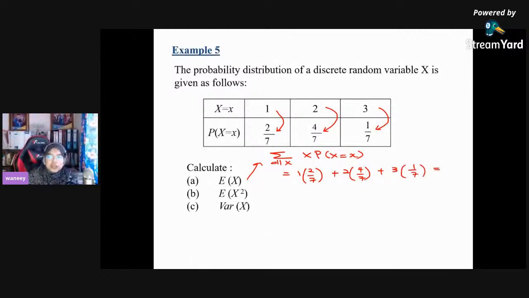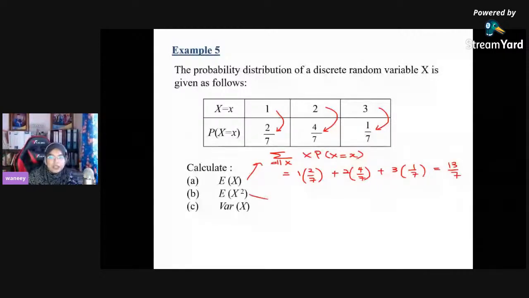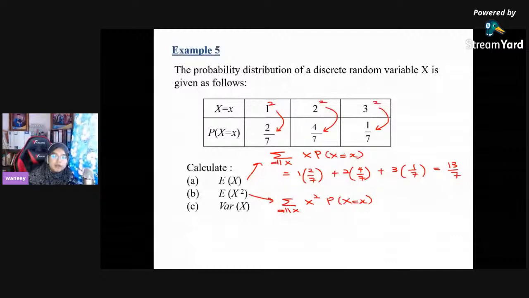So 2, 8, 10, 10 plus 3. So this is 13 over 7. So this is expectation of x. Expectation of x square. So this is simply the summation for all x, x square multiplied with P(X equal to x). So do square all the x first before you multiply with the probability.